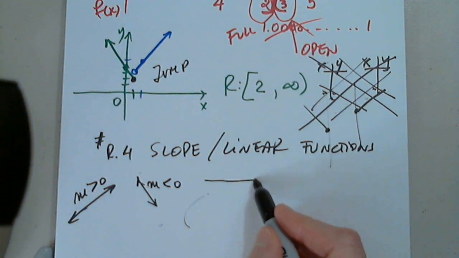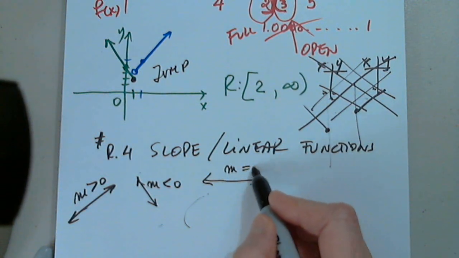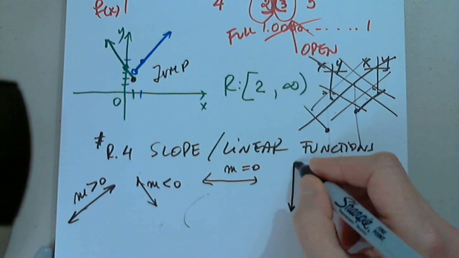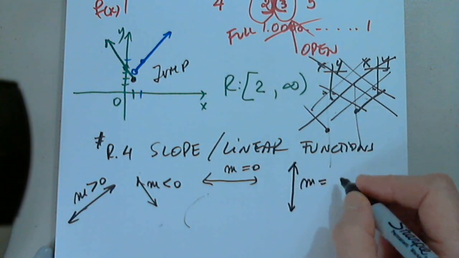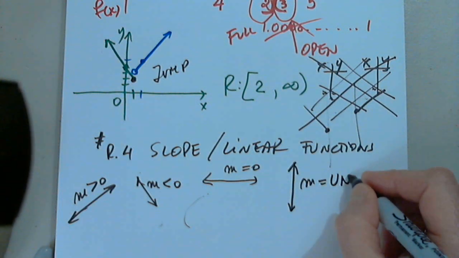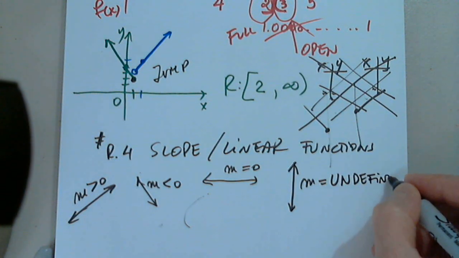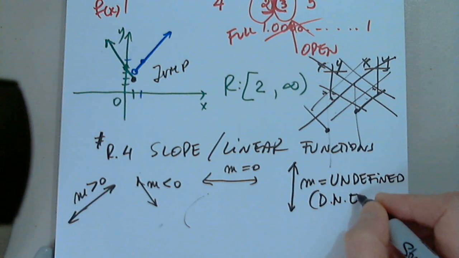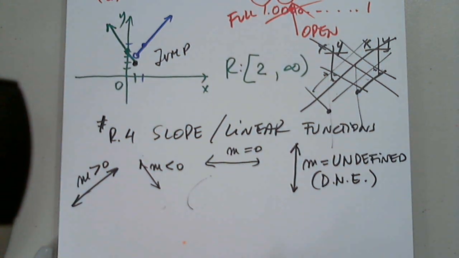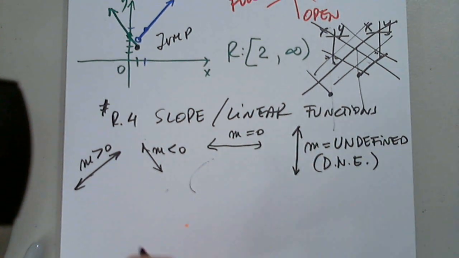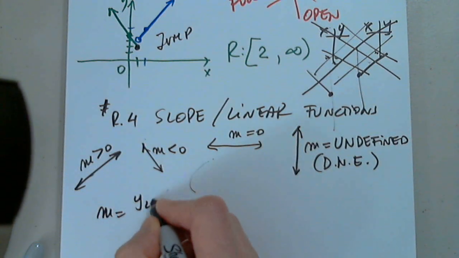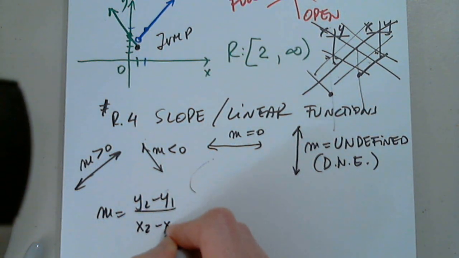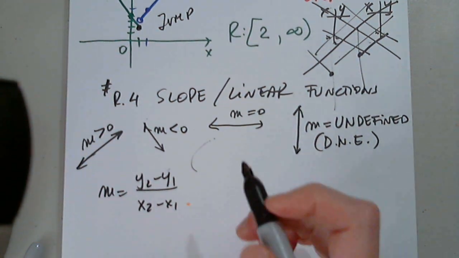We talked about horizontal lines with a slope equals 0, and vertical lines where the slope does not exist. We like to say undefined. Fancy word. What it means is DNE, it does not exist. Then we looked at y2 minus y1 over x2 minus x1, which is the slope.